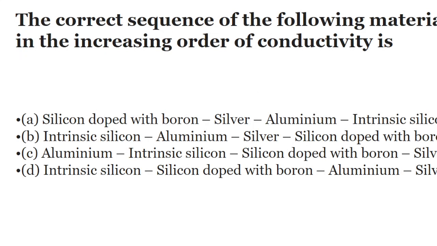The correct sequence of the following material in the increasing order of conductivity is. Simply, first of all, to make semiconductor into a conductor, a doping process is there. So firstly, semiconductor is there, then doping.